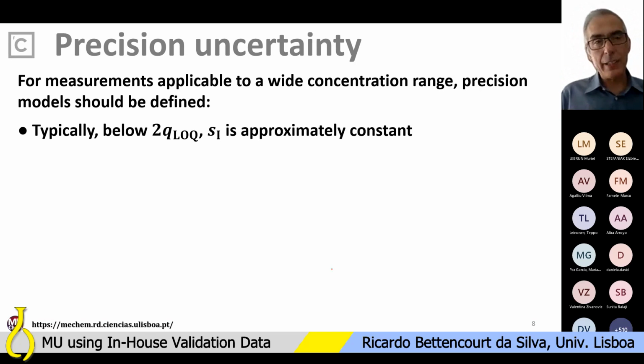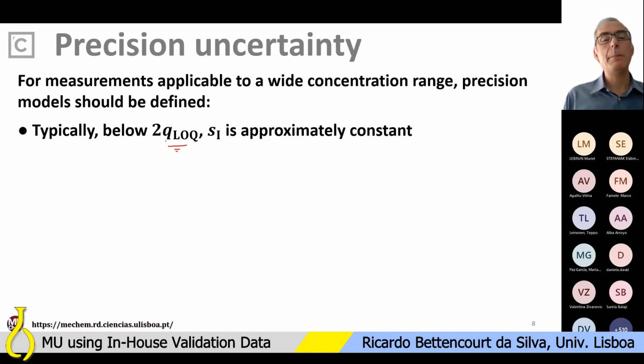To do that, we can rely on very well-known trends of precision centered on the known limit of quantification. We know that typically below 2 times the limit of quantification, and this is more adequate if the limit of quantification is estimated under precision conditions.